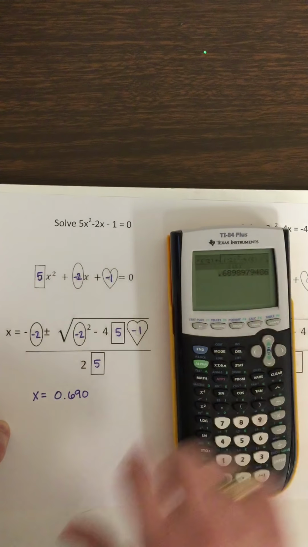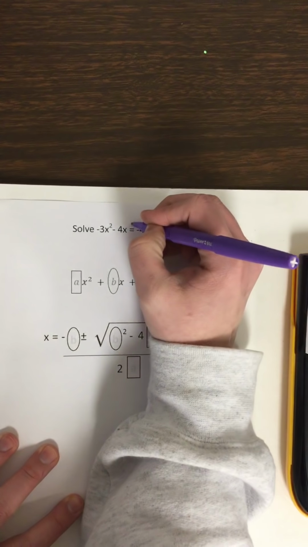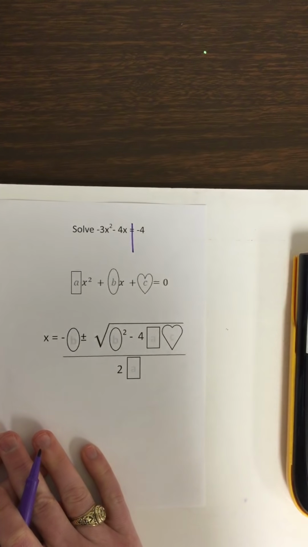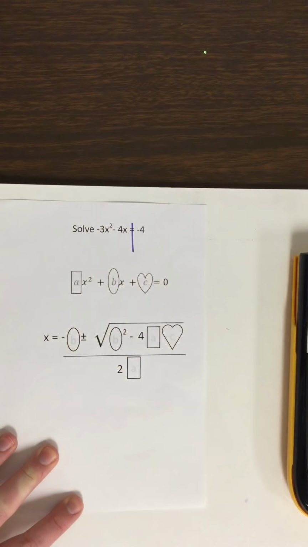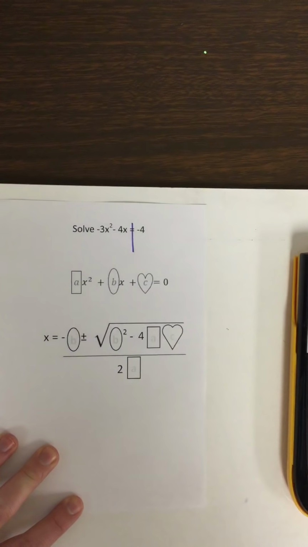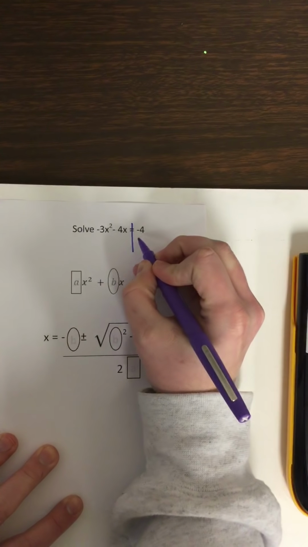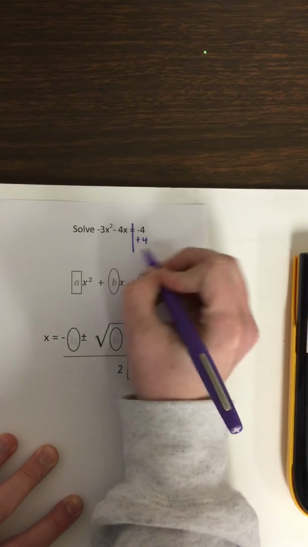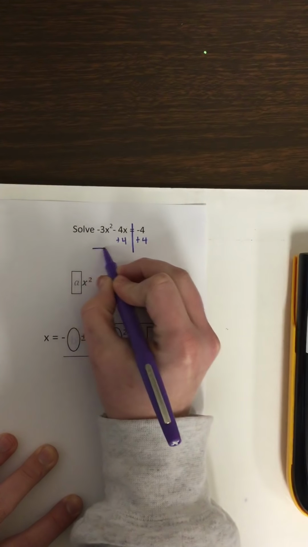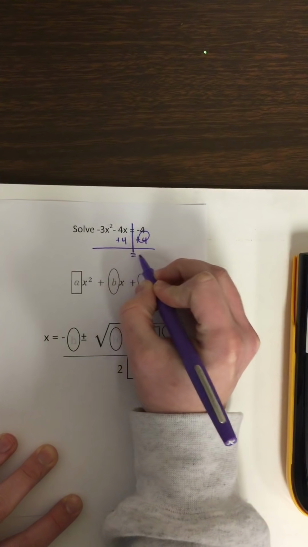All right, I'm going to help you guys get started on the second one, but I'm going to let you do the actual plugging it in. On this one, be careful. Remember, our equations always have to equal 0 before we can use our formula or our ABCs. So on this one, I'm going to start by adding our constant over to the other side, so that those cancel out and we have equals 0.